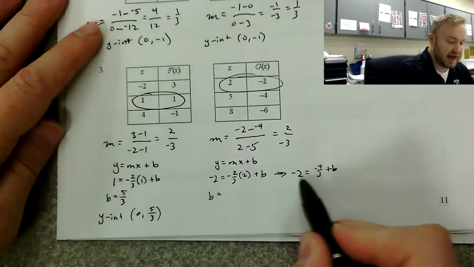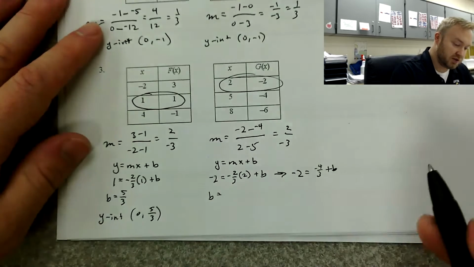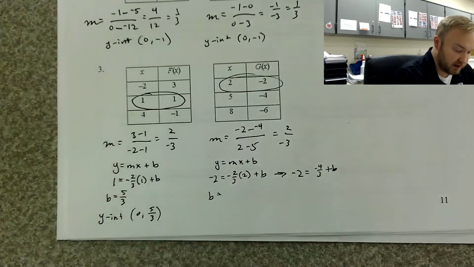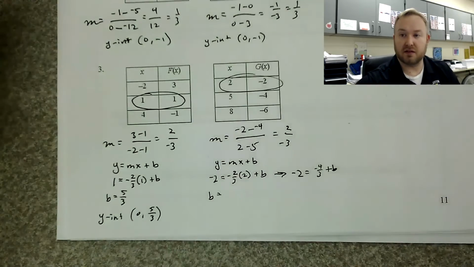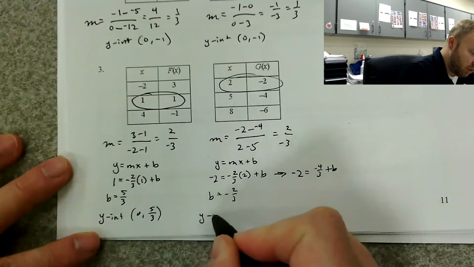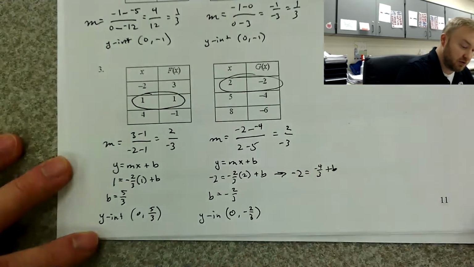So b would be -2 plus 4/3, which would be, hold on, okay, so that's -2/3. So my y-intercept is (0, -2/3).